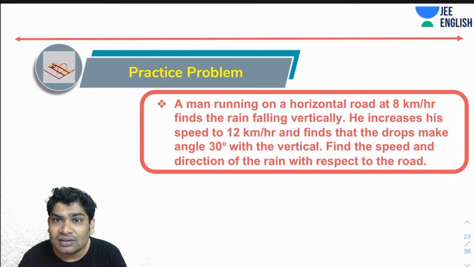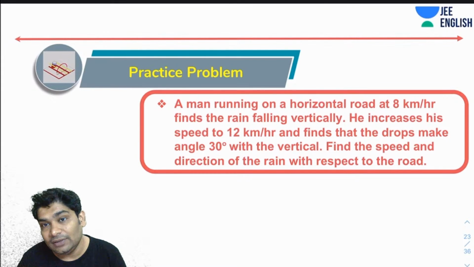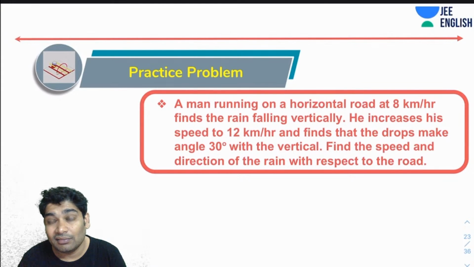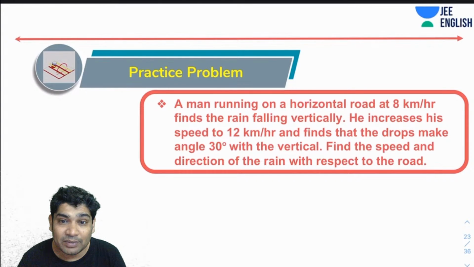Okay, speed and direction of rain. 2 under root 3, I doubt that. All right, Pawan is trying. 37, maybe 37, maybe 2 under root 3, maybe. I don't remember. Okay, so yeah, let's wait for a bit.